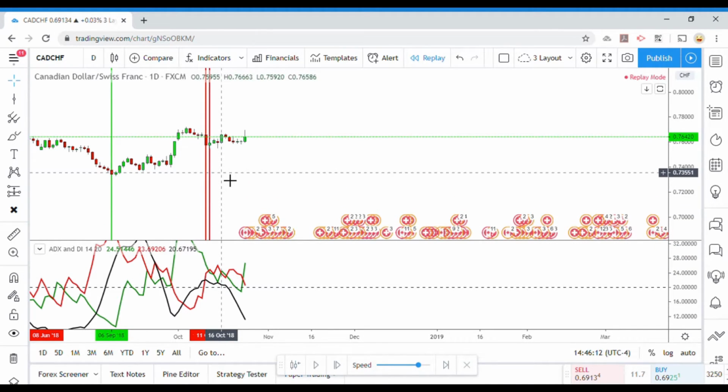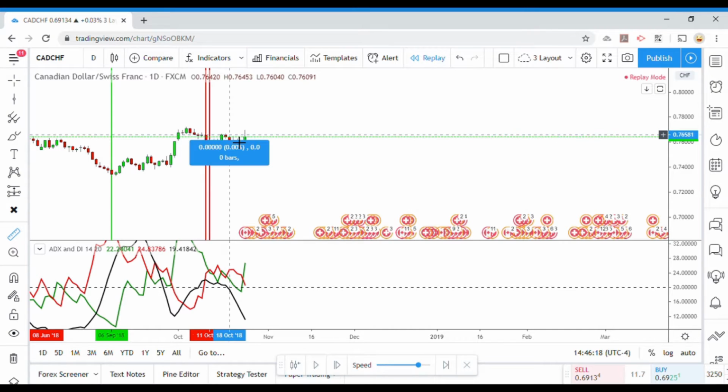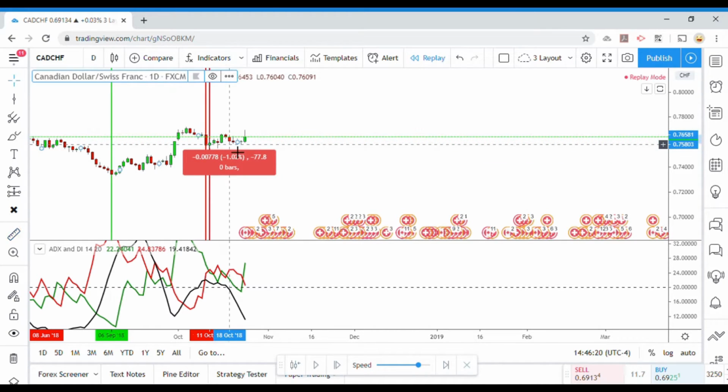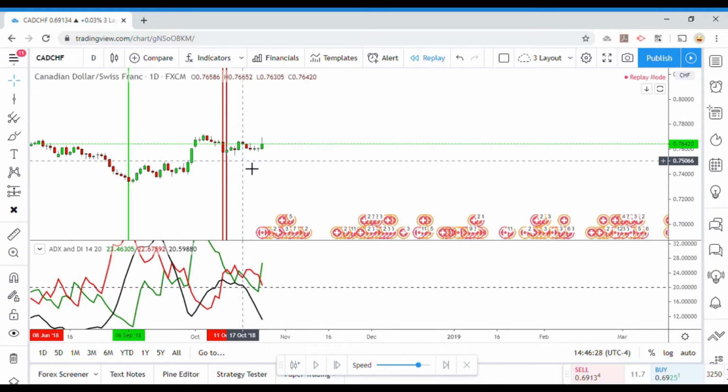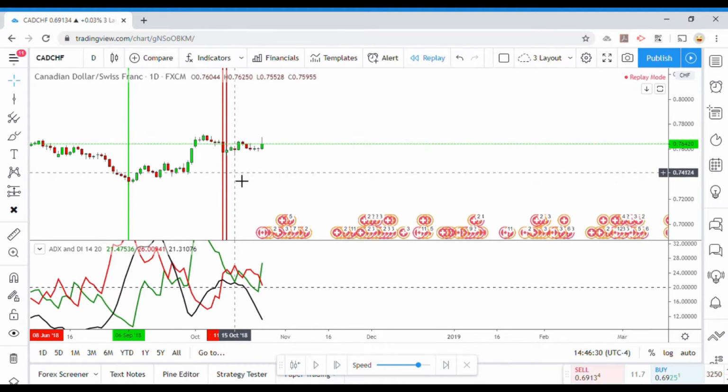And then it flipped again right here in this one, giving us a long signal. It looks like it turned around and went almost immediately back down for a stop. So let's see.